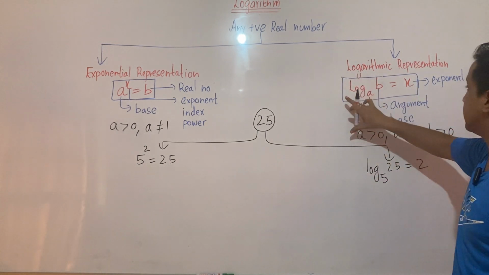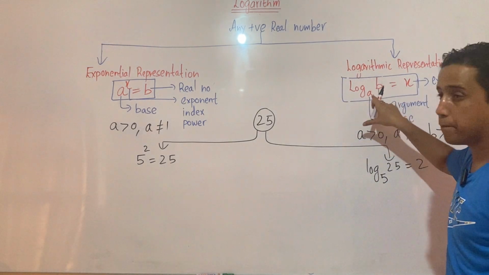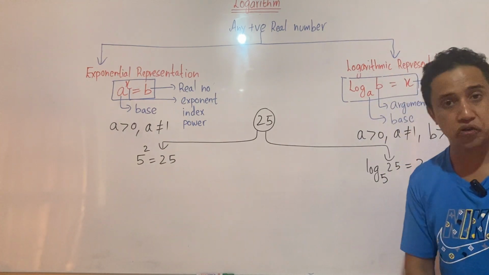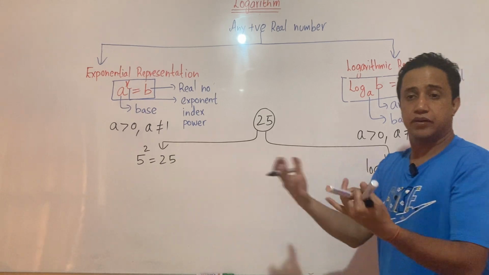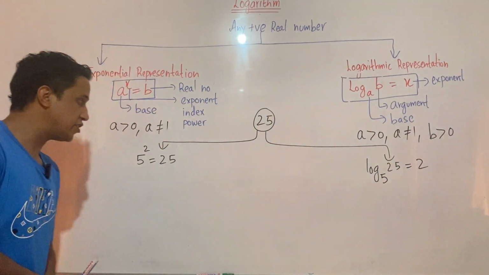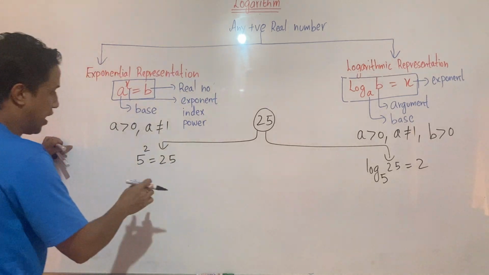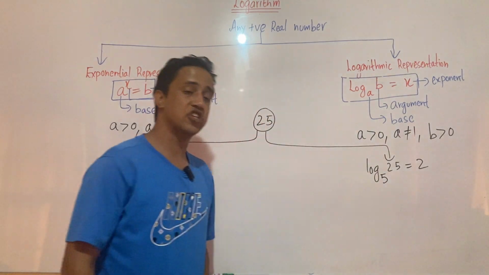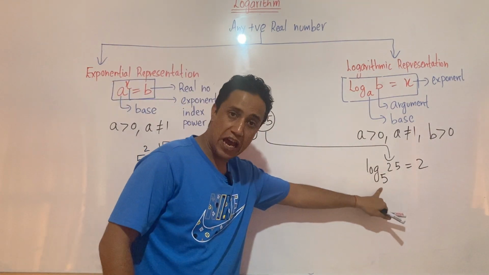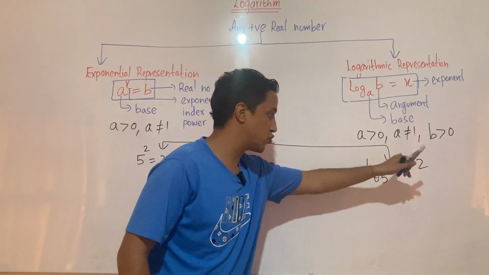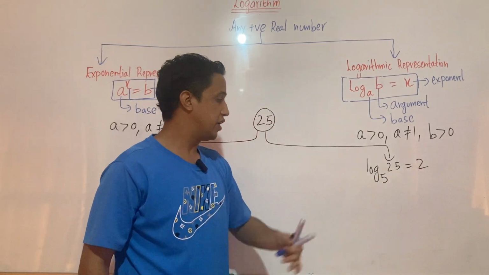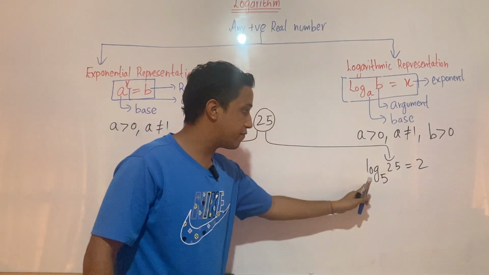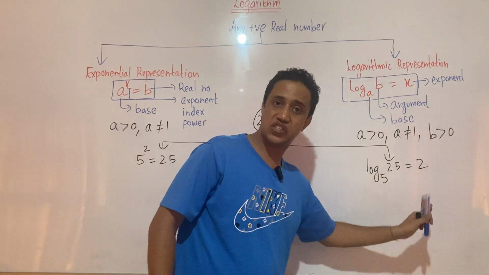Log means the power to which the base should be raised to get b as your answer. So here it asks to what power 5 should be raised so that your answer is 25. If you raise 5 to the power 2, only then you get 25. Therefore, log 25 to the base 5 is 2.